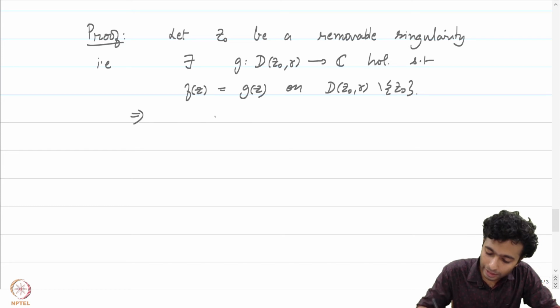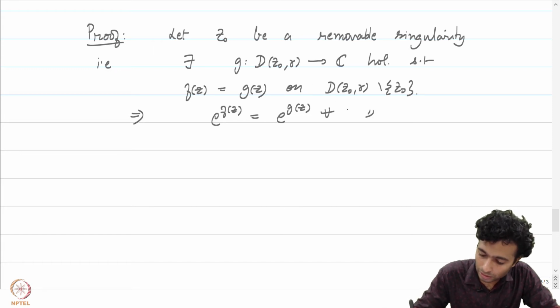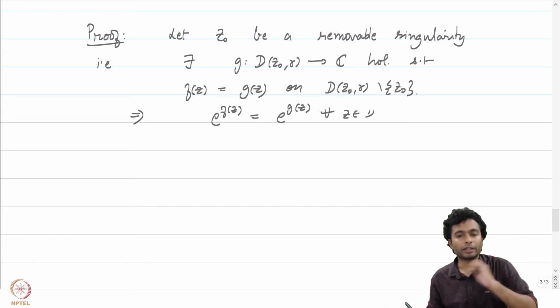That would imply that e to the power f(z) is equal to e to the power g(z) for all z in this set.